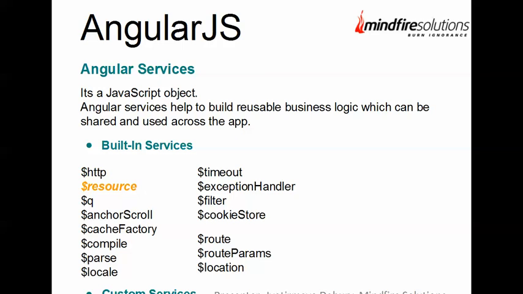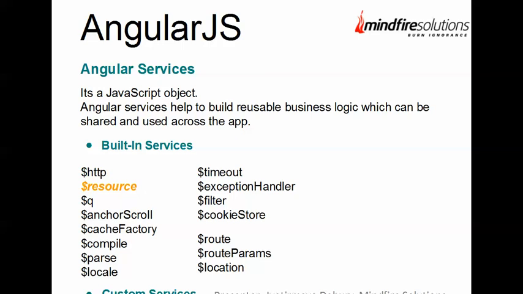So there are some built-in services like HTTP and resources. HTTP is just the AJAX call we usually make in our web application, and resources is again a structure which we will be covering in our next section.